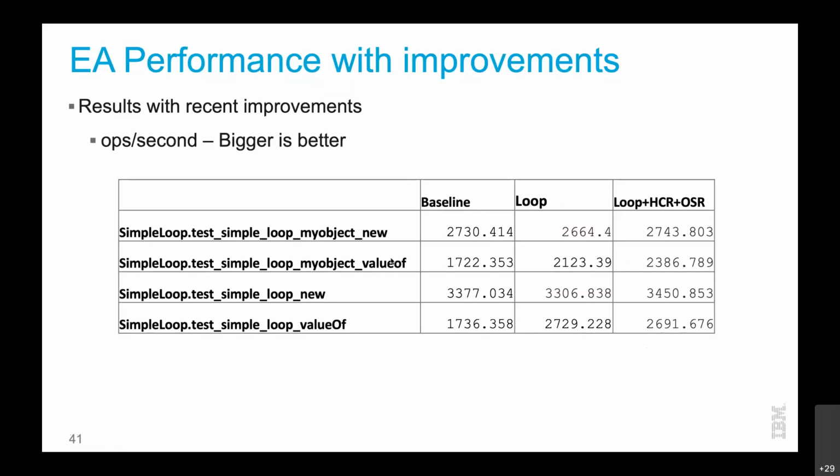They might be EA related, or they might be related to other optimizations, but the point is that even in these simple examples, there have been changes over the years that have caused problems, but these improvements have mitigated those, and we end up stack allocating all the objects.